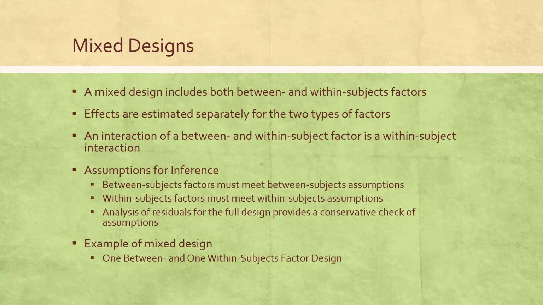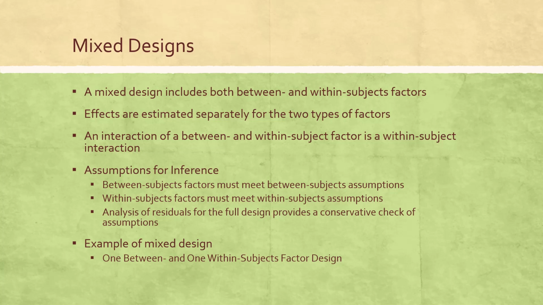So we have to treat the interaction of a between and within subjects factor as a within subject factor, which means we're going to have to consider the conditions for within subjects factor when we think of the interaction of a between and within subjects factor. In order to have the conditions for valid inference met, we have to have the between subjects factor meet between subject assumptions or conditions in order to be able to make a valid inference of the between subject factors.